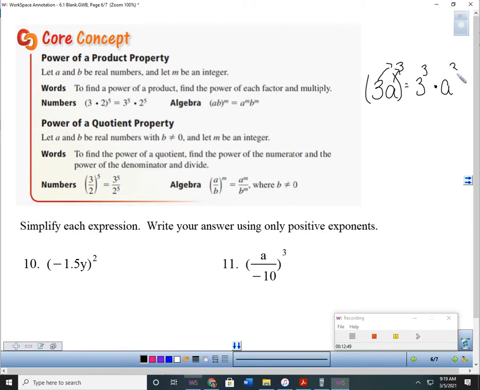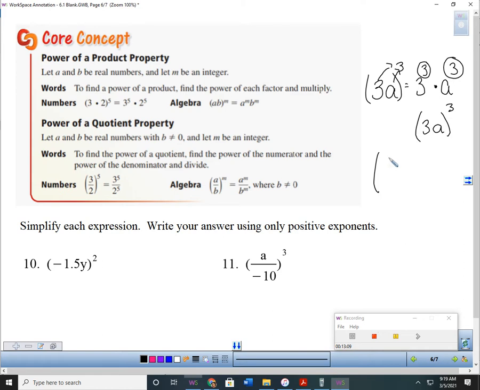a to the 3rd. So if you see 2 things, and they don't have the same base, right? But they do have the same exponent, you could work this backwards as well and go, okay, well, these both have a 3, so I can put them together and raise them to the 3rd. So it works backwards and forwards, right? All of these do.